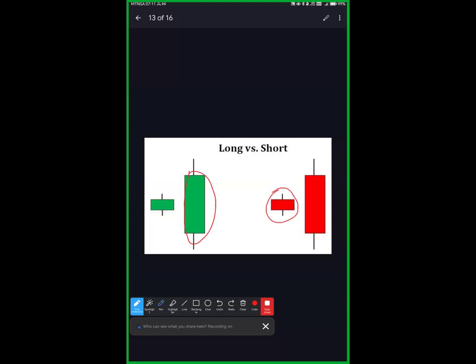But does it mean that this was a shorter time frame and this one was a longer time frame? No. Sometimes this was a 4-hour time frame and this was also a 4-hour time frame.